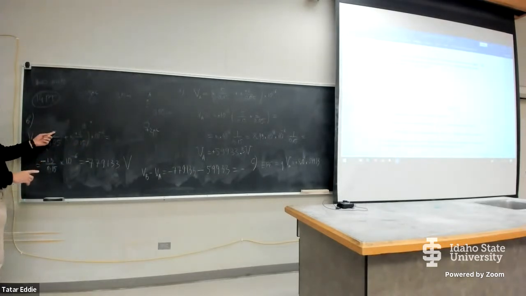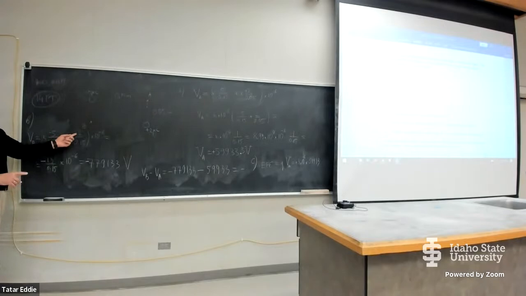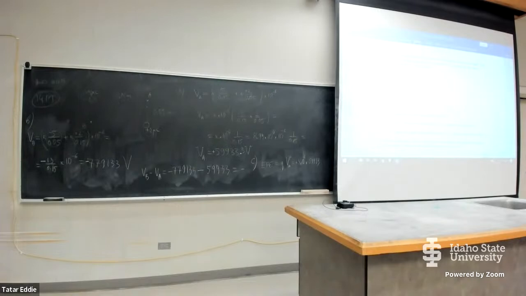So 3 times 5 is 15 with negative sign, plus 2 is negative 13, right? Okay. Just fractions. You can use your calculator. At the end, it should work.